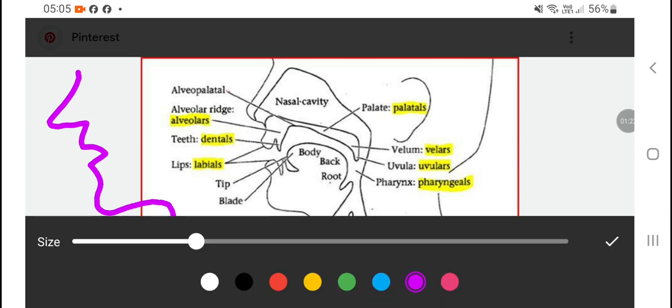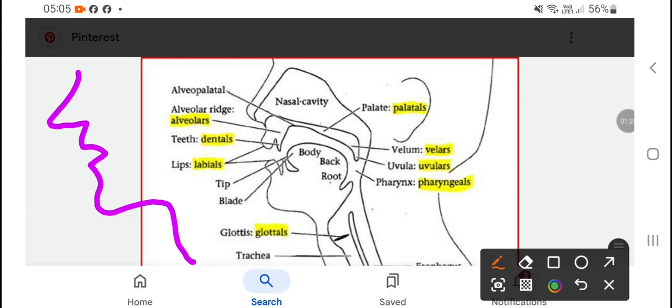You should start from the lips first of all. These are the two lips, right? So here, lips, labials. These are the lips, labials.